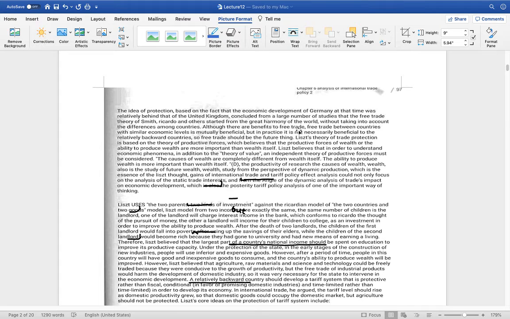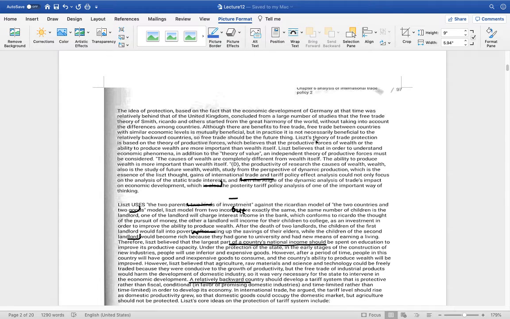Although free trade between countries with similar economic levels is mutually beneficial, in practice it is not necessarily beneficial to relatively backward countries. So free trade should be a future thing.